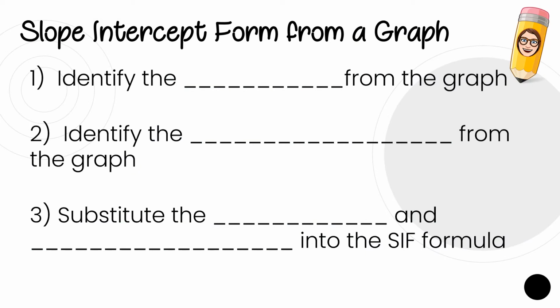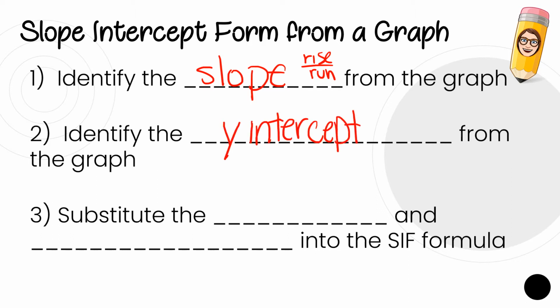Let's talk about the first set of notes. If I ask you to write a line in slope-intercept form from a graph, you first want to identify the slope from the graph. So you're going to have to count your rise over your run. Second, you want to identify the y-intercept.